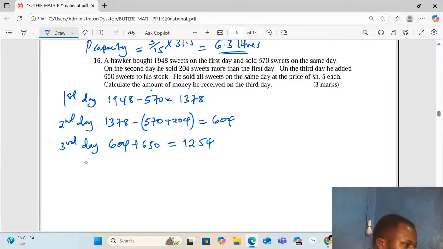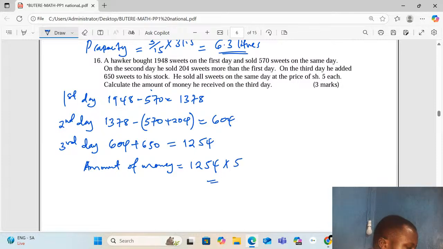That means the amount of money is equal to the total number of sweets that day, 1254, multiplied by 5 each.